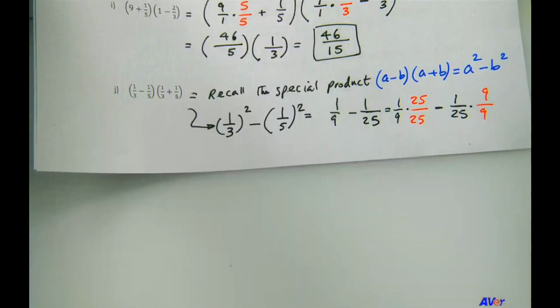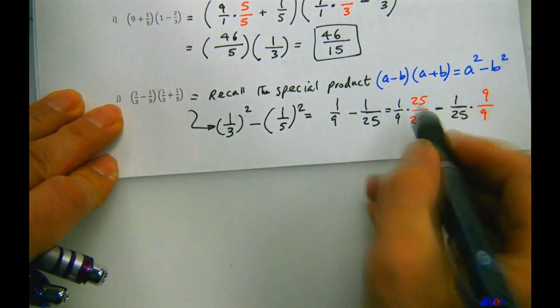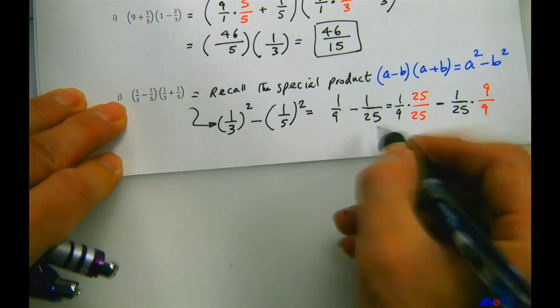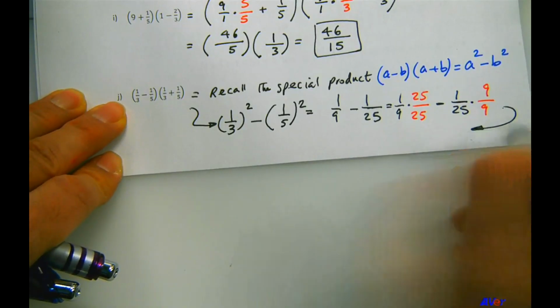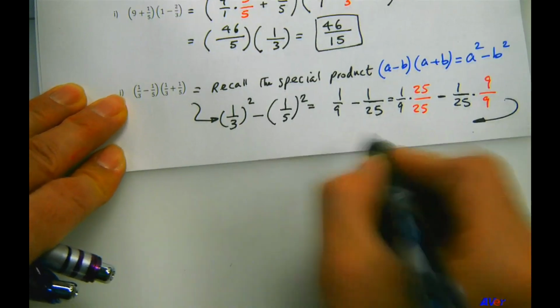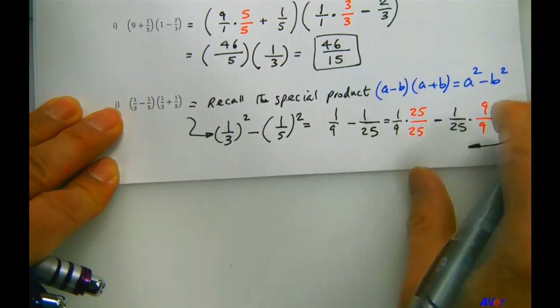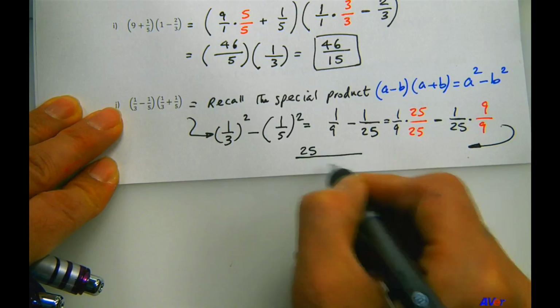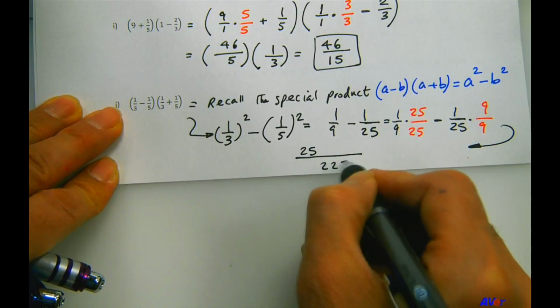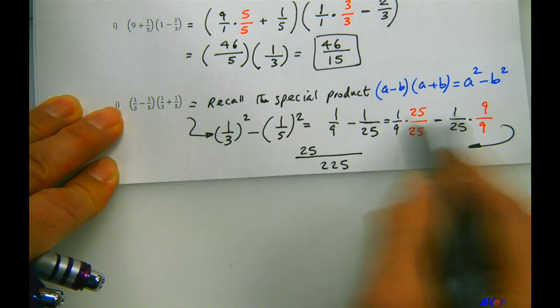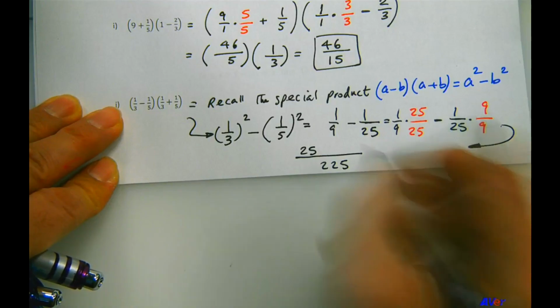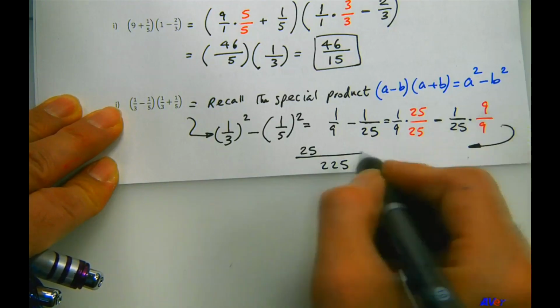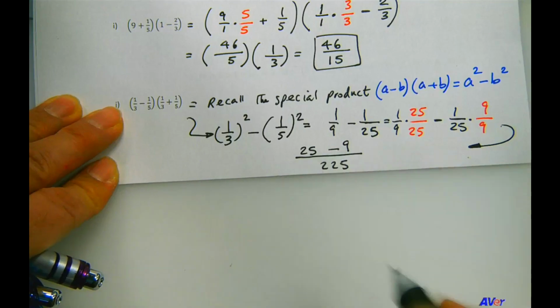Okay, so now we have 25 times 1, 25, and 225 was our denominator. 25 minus 9, because minus 1 times 9 is minus 9.